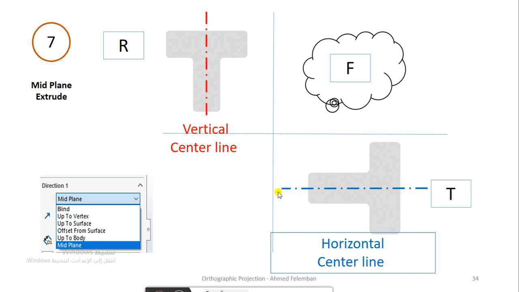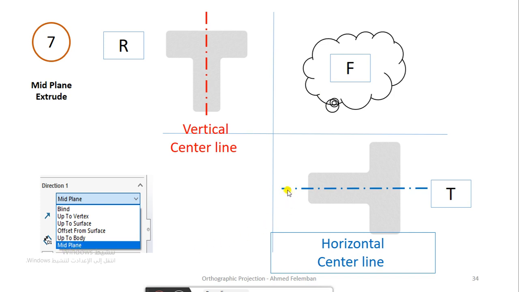We draw an imaginary center line horizontal in the middle of the part. If you see it symmetric, which means the upper side is the same as the lower side, then we have to make the extrude of the front mid-plane.